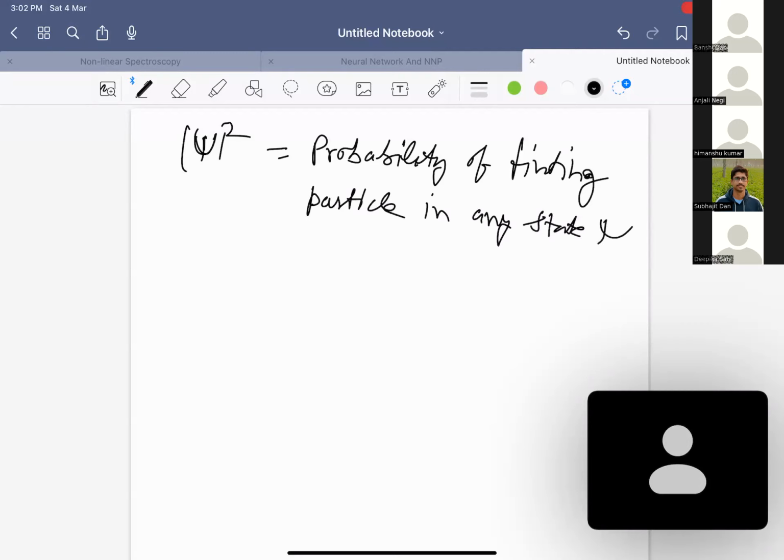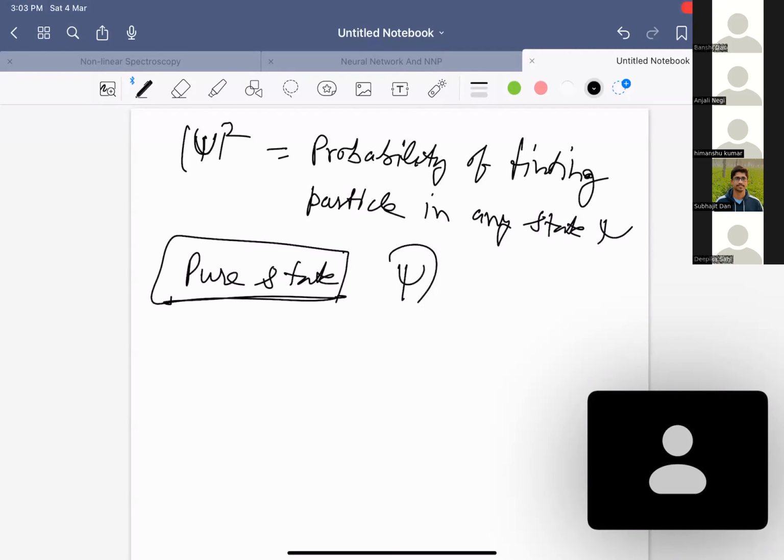So this probability is already there in quantum mechanics naturally, because even for a single pure state, where we know all the information about the system, there is still this probability sitting there.